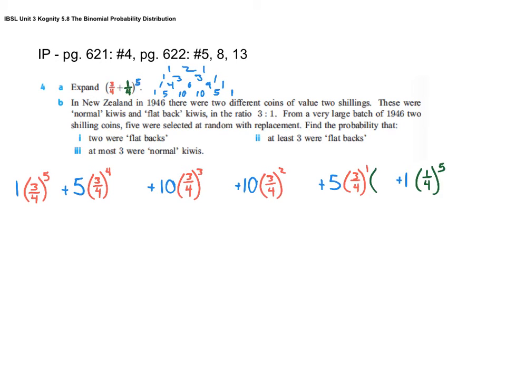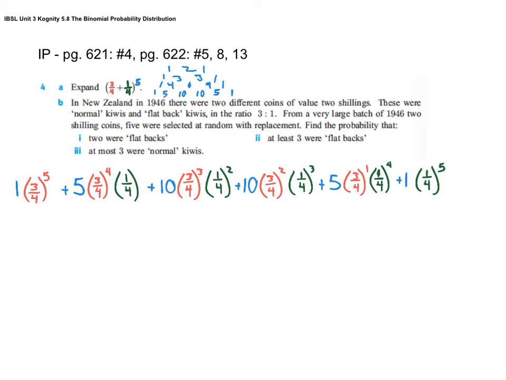And then as we move towards the beginning, that 1/4 is now to the 4th, and then 1/4 to the 3rd, and then 1/4 squared, 1/4 to the 1st power, and then there are no 1/4s in the first term. Now, of course, all of this would have to be simplified, but I want you to understand exactly what this gives us. So let's now look at the problem.